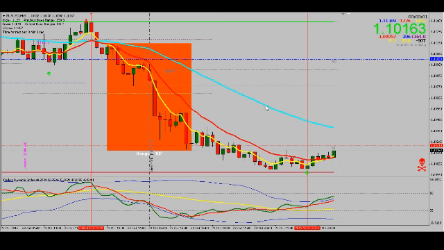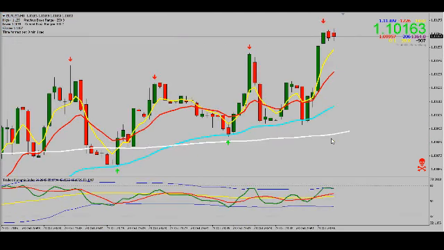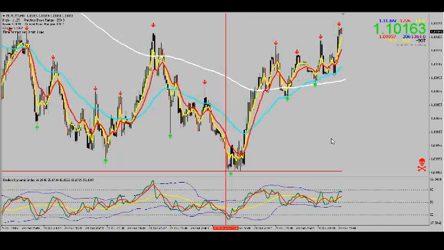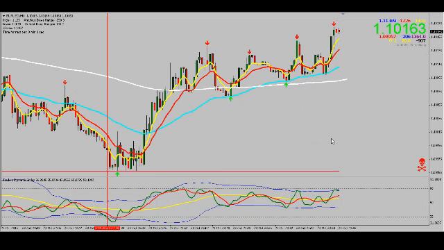Now if we get a signal on a 15-minute chart, then all we have to do at that point is look for the proper identification on the 1-minute chart. What do we have here? We have consolidation, we have the low, and we have a huge cross here on the TDI.